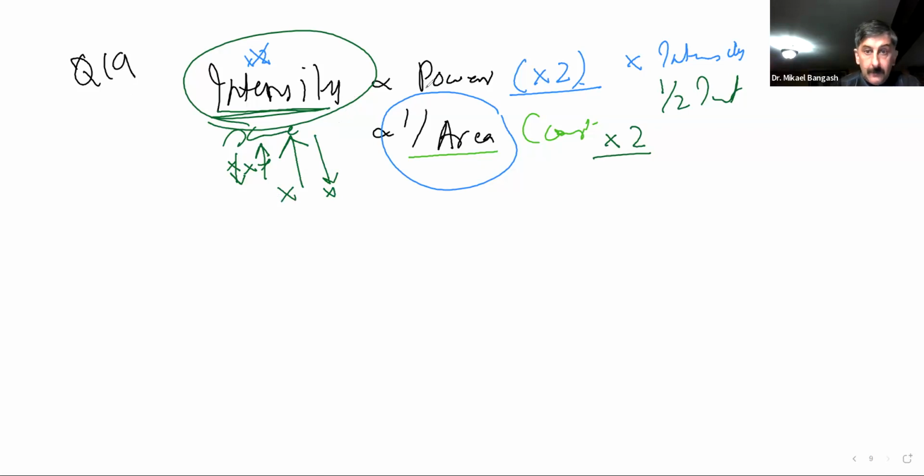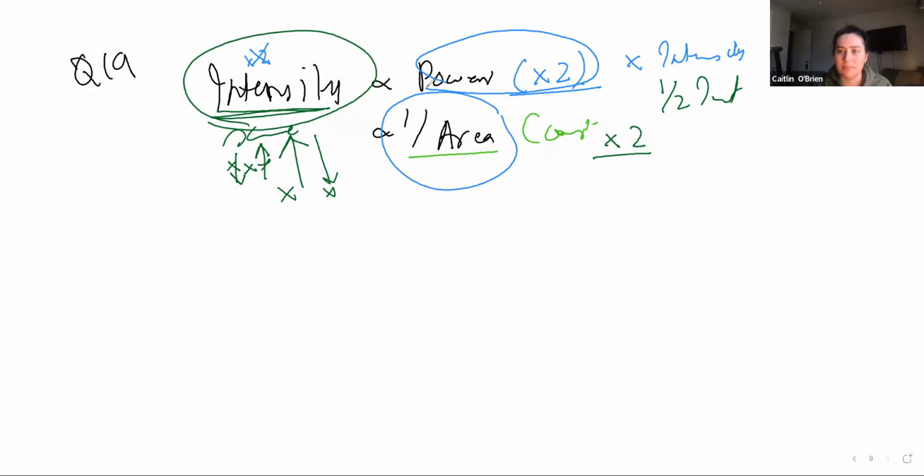Clear? So we doubled the power. Did that make sense? Good. So what they're asking is what's going to happen to the beam area, or the area of the beam. And that is also going to be doubled.